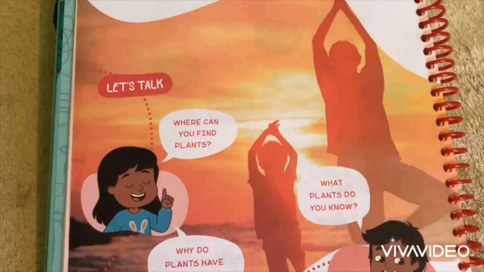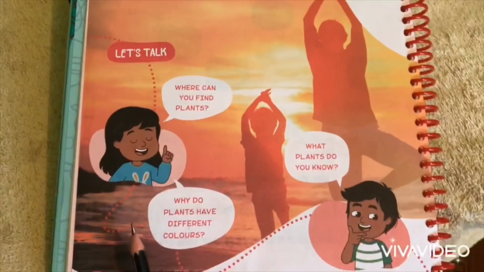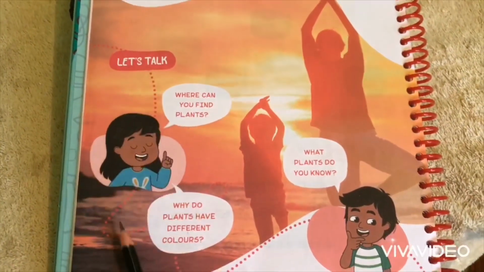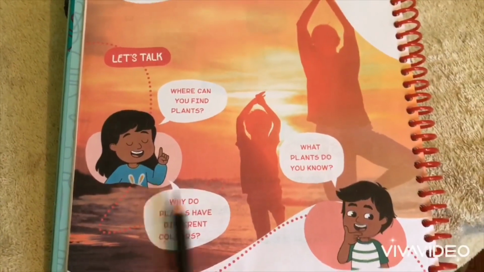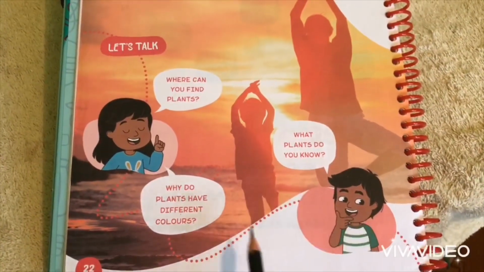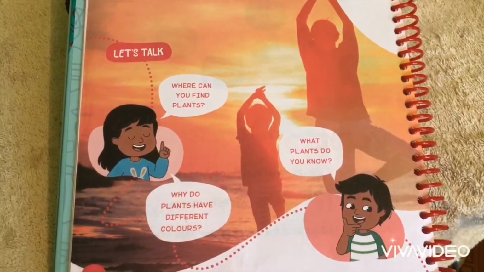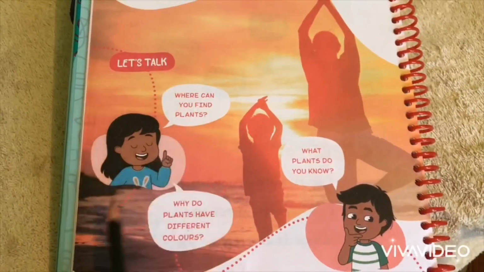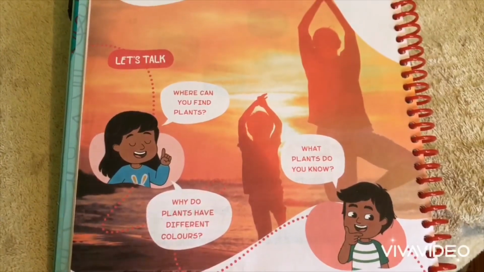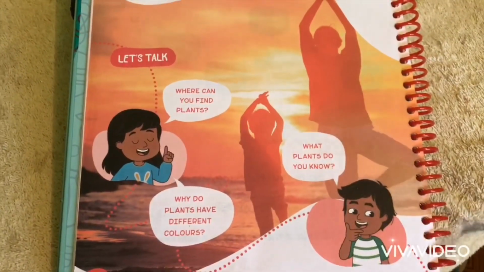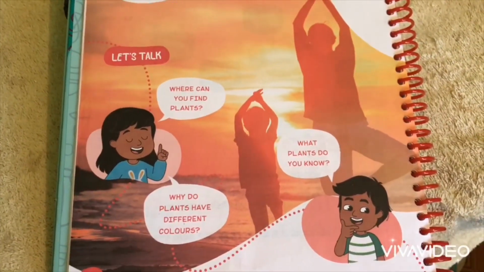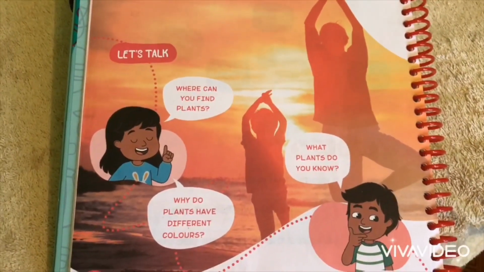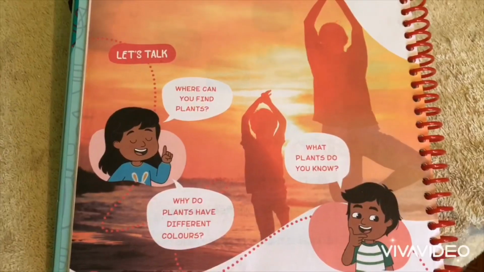Look. And right here we have in this talk, so let's talk, the female character, Anne, and the male character discussing something. And Anne asked, where can you find plants? Where can we find plants? And also, he asked, why do plants have different colors?